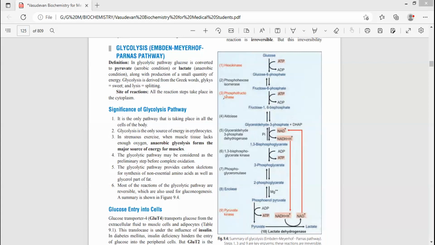Sorry about that. So the rate limiting step is this third step, where we have PFK, phosphofructokinase.